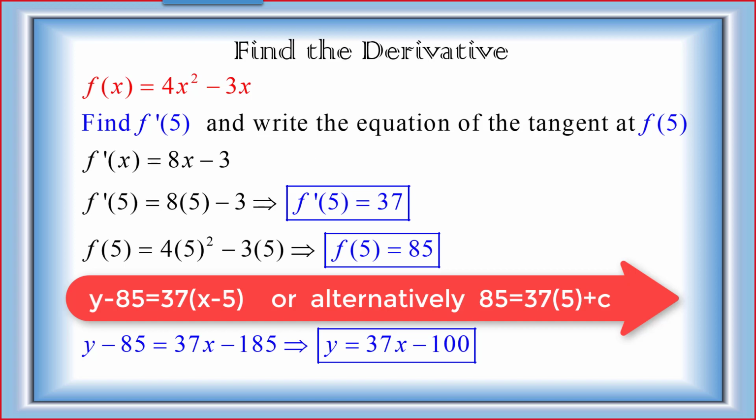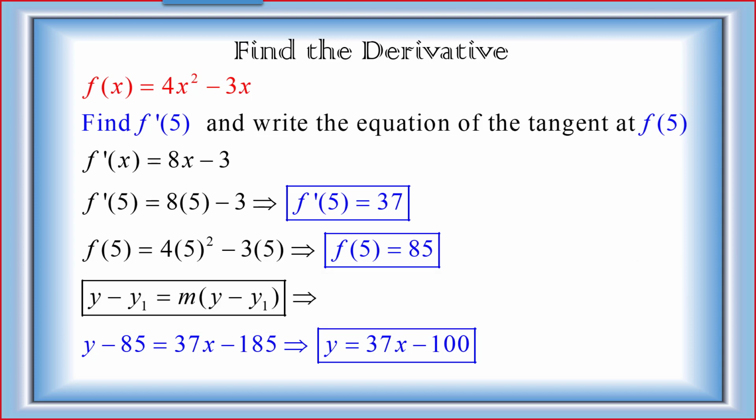So y1 is the y value when we know the x value. So once we substitute, it's going to be y minus 85, because that's the function value, equals m, which is 37, times x minus x1, which is 5. And when I substitute the values and then I simplify, it gives me y equals 37x minus 100. So that's the equation of the tangent at x equals 5.